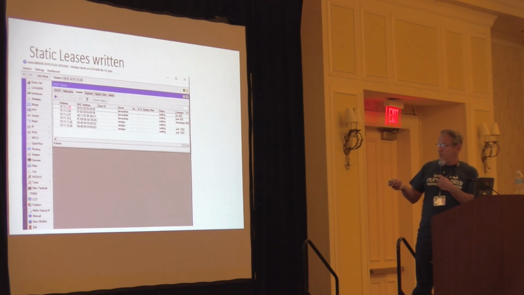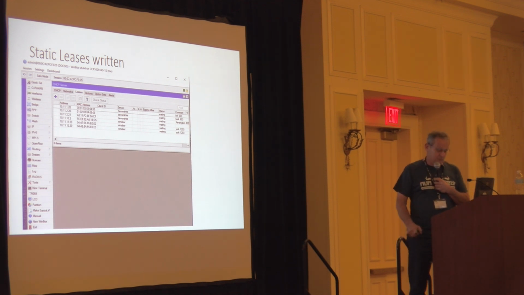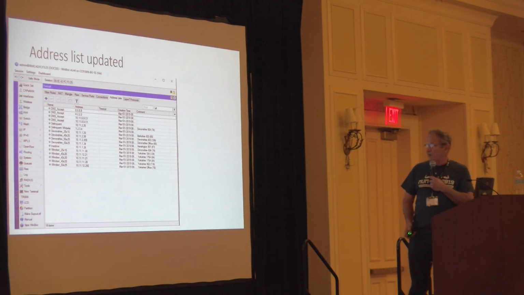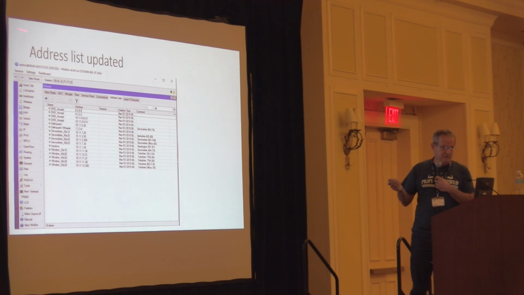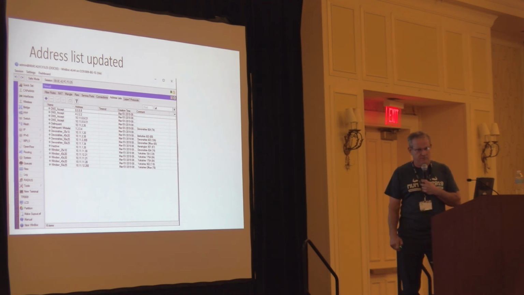You see I've got 4 different subnets being written in here: modems and routers for one side, modems and routers for the other side. Once that is in there, this particular software will automatically go in and update some access lists. You can also create these manually if you want.